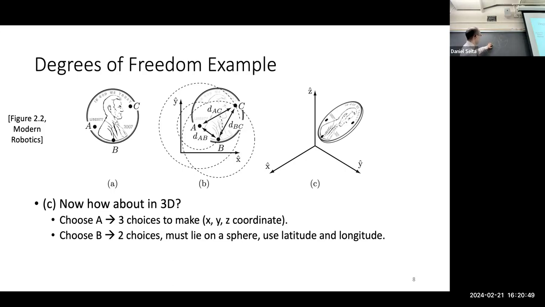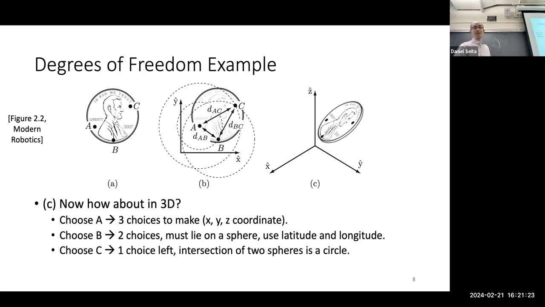The intersection of two spheres is a circle, the circle where the two spheres meet. There might be some videos that show the nice intersection between two spheres, but this is basically what it's like. You have a circle, then you have to find some point on the circle. So we get one choice for C, because you can pick an angle.